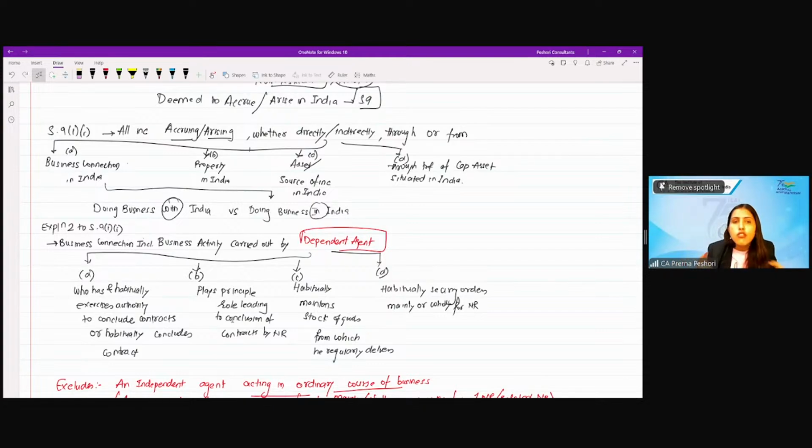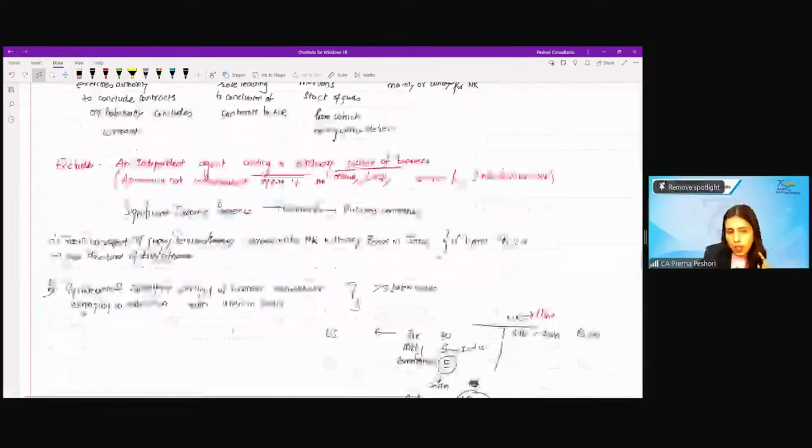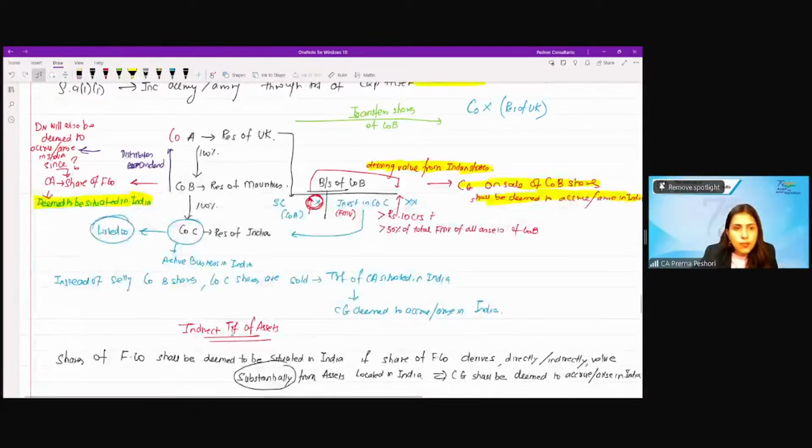Yes. For that purpose, the CBDT has given a clarification through a circular. It has said that the dividend will not be deemed to accrue or arise in India. We are only trying to tax the capital gain on the sale of such shares, but we will not tax the dividend. So you can just write it over here.